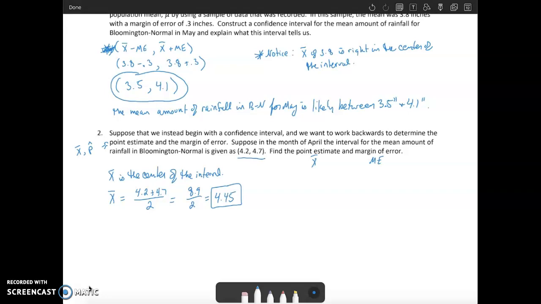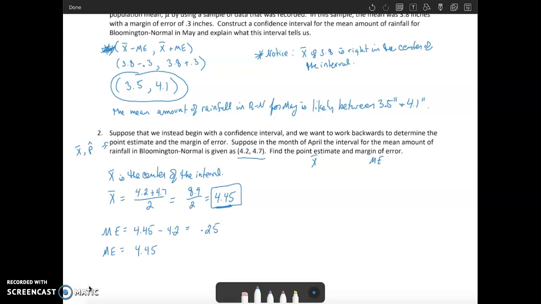So we can say then that to find that margin of error, we would take our point estimate of 4.45 and subtract 4.2 from it. How far down did we go? We went down 0.25.